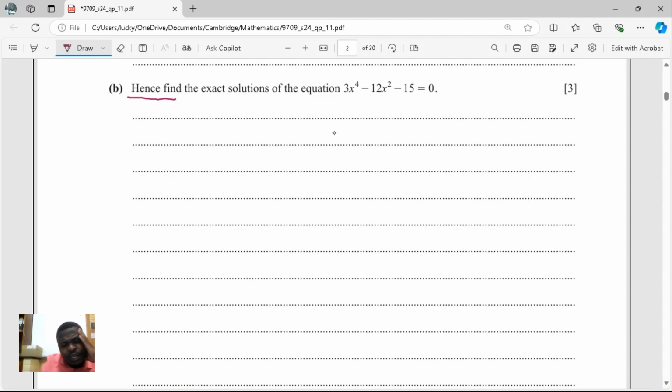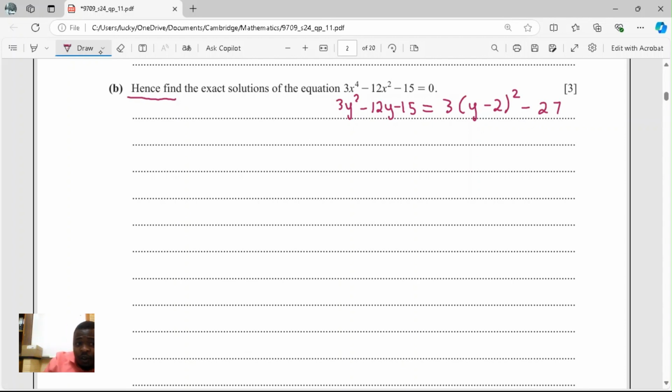So we look at this equation, we're like, wait a minute, it looks like the previous one. The previous one was 3y squared minus 12y minus 15, and we said this can be expressed as 3 open bracket y minus 2 squared minus 27.